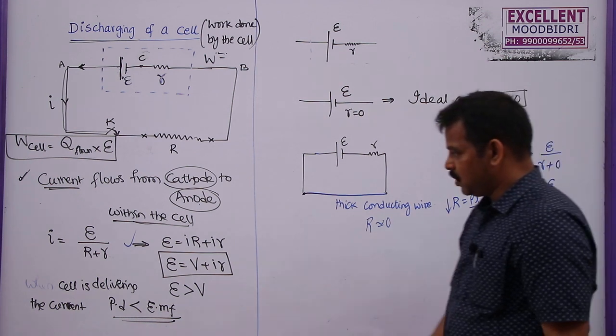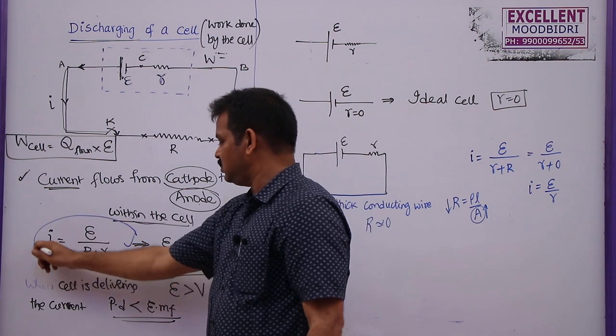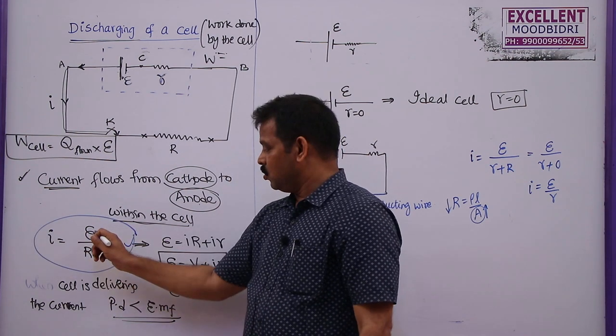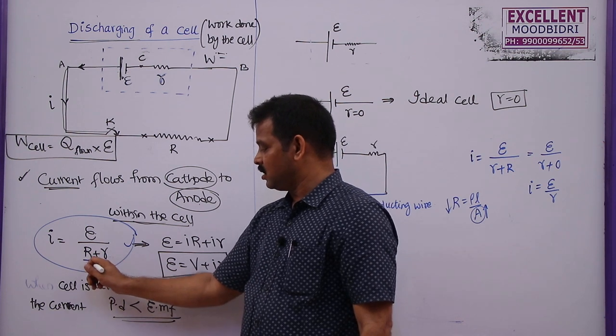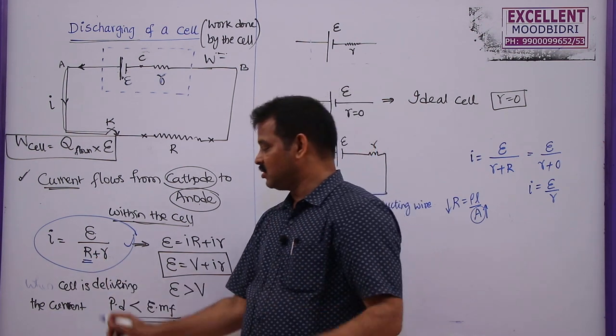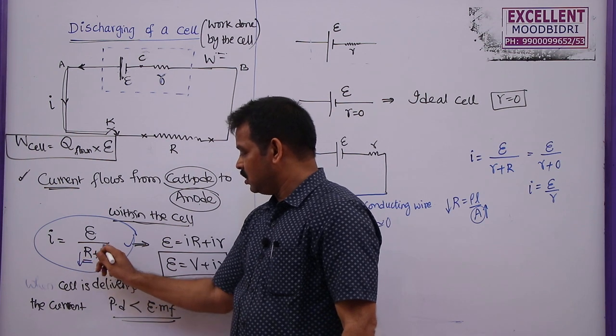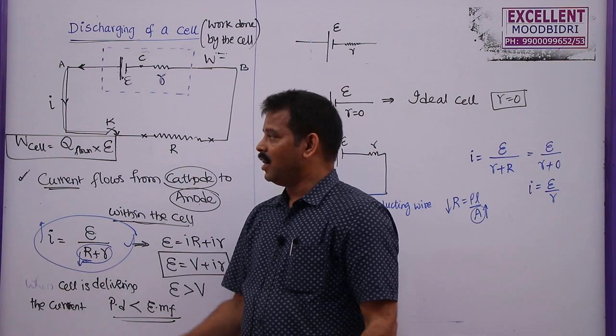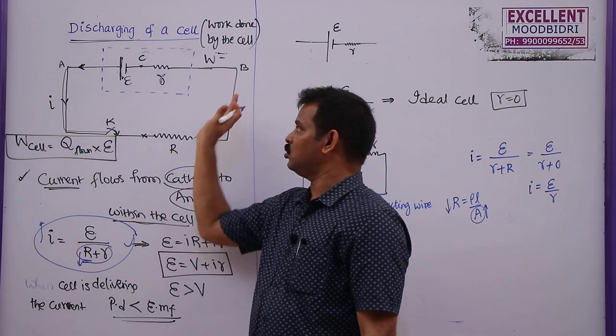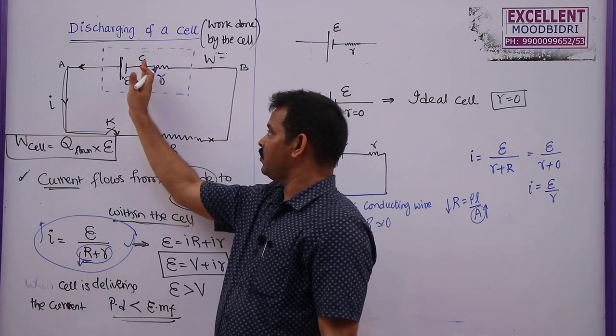You can see this formula: the current when it is discharging is given by total EMF divided by internal resistance plus external resistance. Whenever the external resistance decreases, the denominator decreases, so the current increases. So what is the maximum current given by a cell?